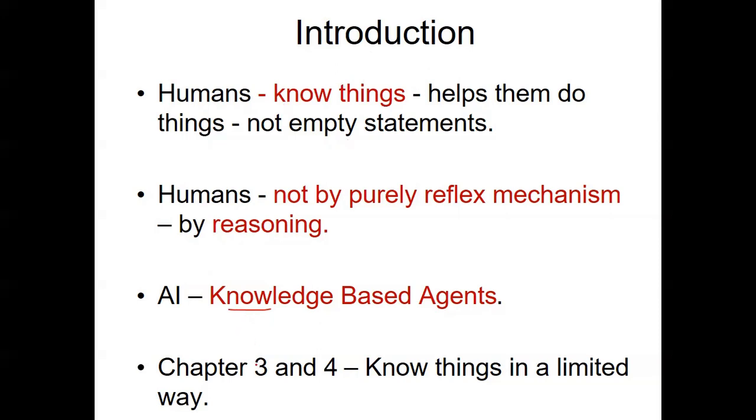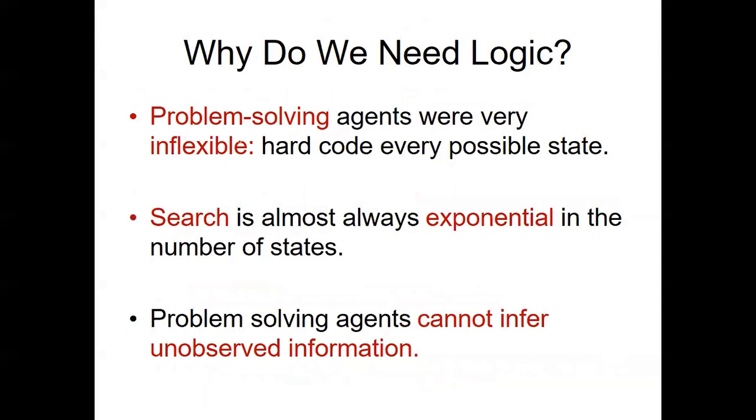So we have discussed several ways of problem solving in chapters 3 and 4. Like we have discussed heuristic search. Before that, we discussed uninformed search, informed search, all those things. But they know things in a limited way. They are strictly based on the algorithm. The algorithm only controls things, right? For example, the problem solving agents we have discussed in previous classes, whether uninformed, informed or heuristic search, are generally inflexible.